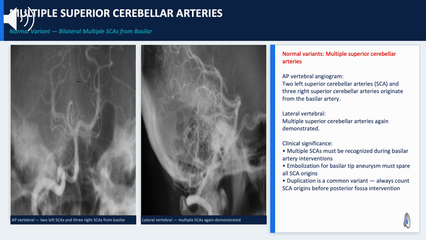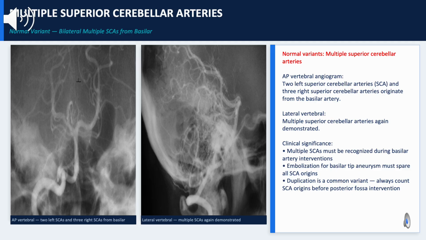In this case, there are 2 SCAs on the left and 3 SCAs on the right, all arising from the basilar artery at slightly different levels. During coiling of a basilar tip aneurysm or catheter navigation through the basilar artery, inadvertent occlusion of a duplicate SCA will cause superior cerebellar artery territory infarction, ipsilateral cerebellar ataxia, dysarthria, and ipsilateral Horner syndrome.